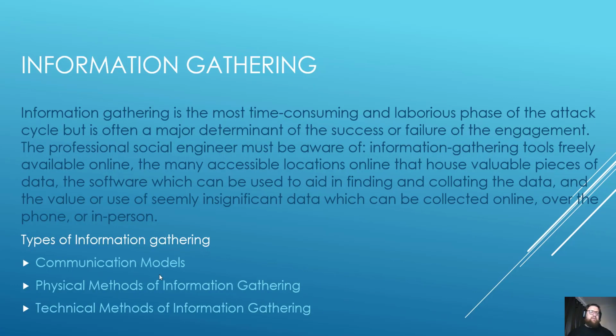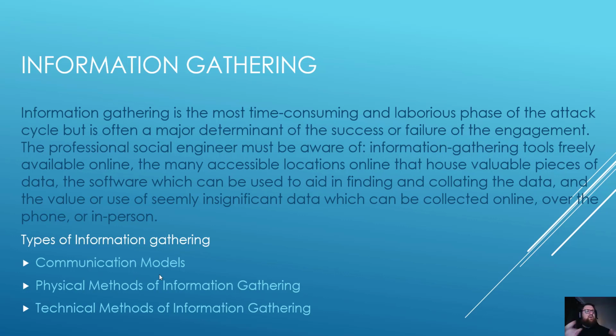So, information gathering. Information gathering is the most time-consuming and laborious phase of the attack cycle, but it's often a major determinant of the success or failure of the engagement. It means when we're looking for some target, we have to get information like phone, mail, who is the person, who is the director, the vice president, who is the manager or on the reception, who works there, and what kind of platform they use.